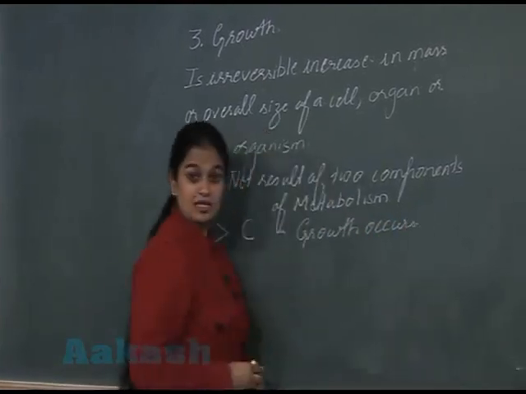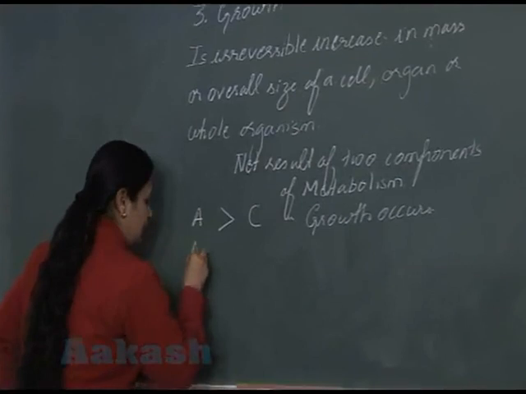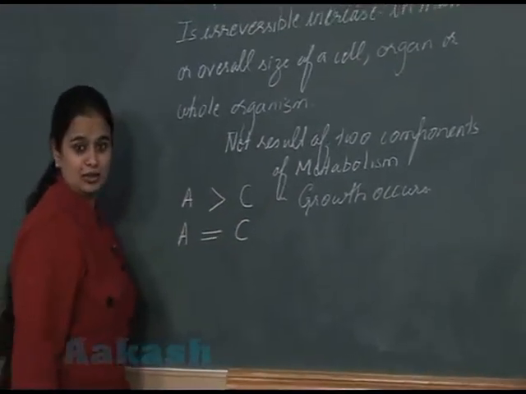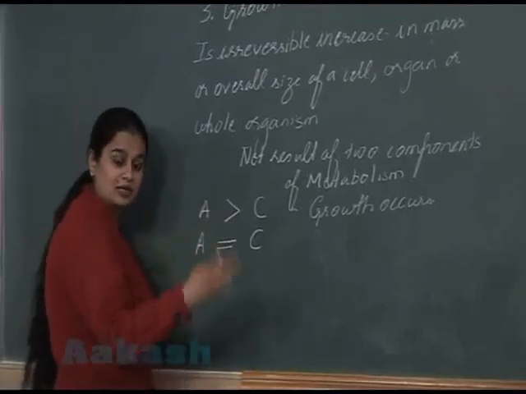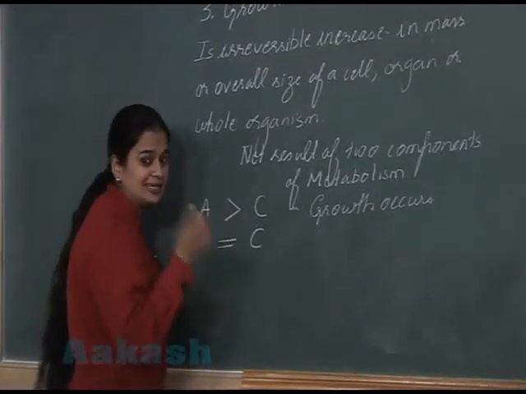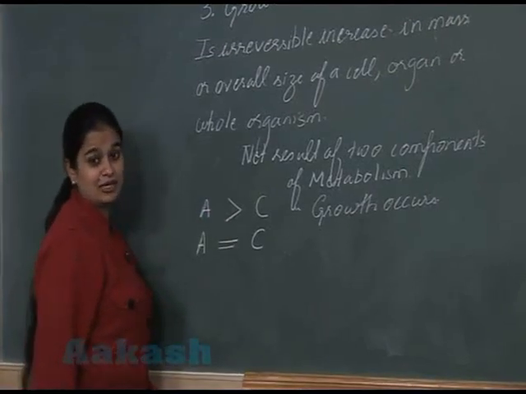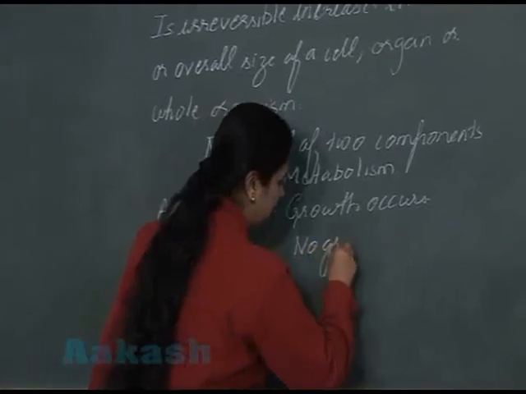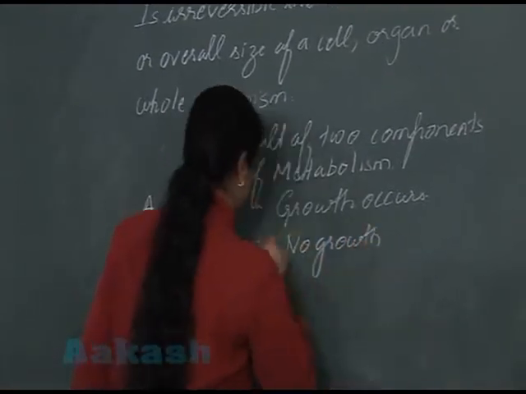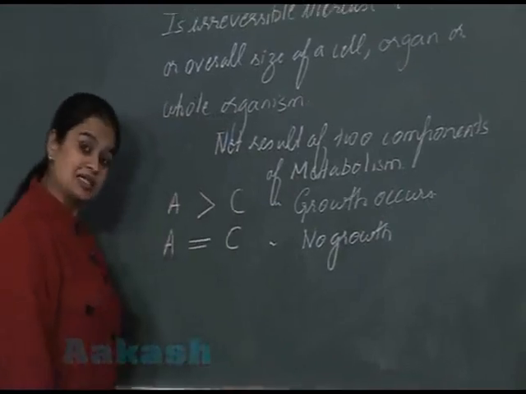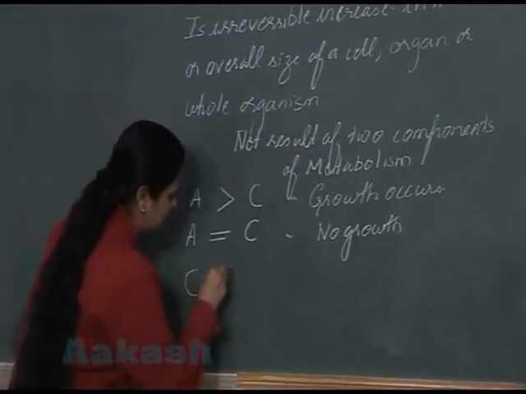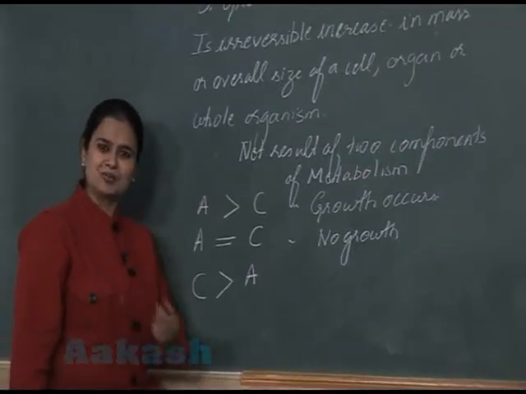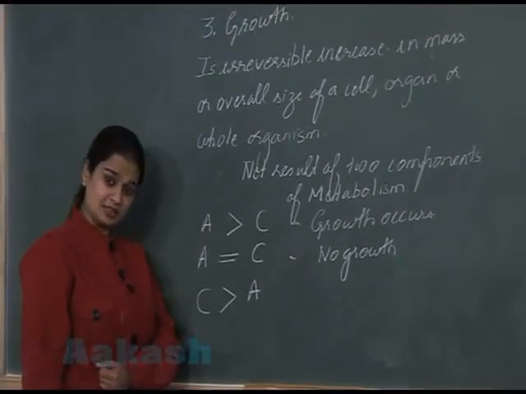Second condition: anabolism and catabolism are equal. The synthesis and breakdown occurring inside the organism are equal. Under such condition, no growth will occur. Now the last condition, when catabolism is more than anabolism, it means breakdown is more as compared to synthesis.